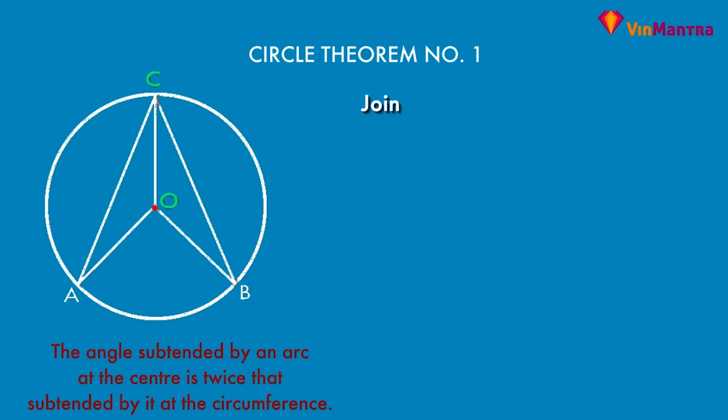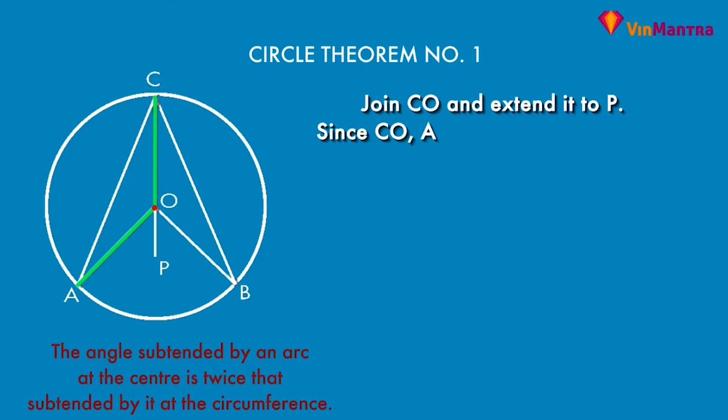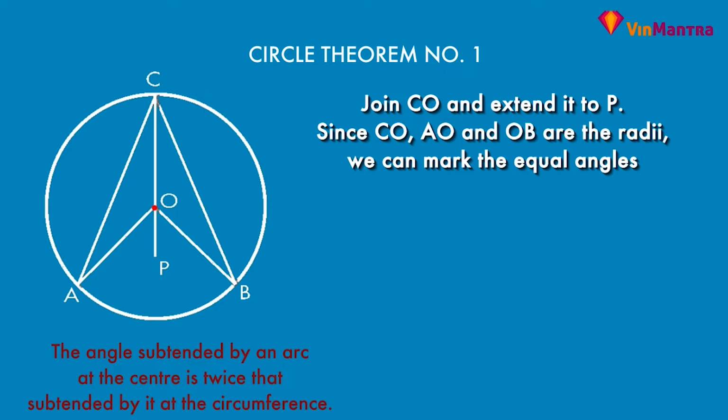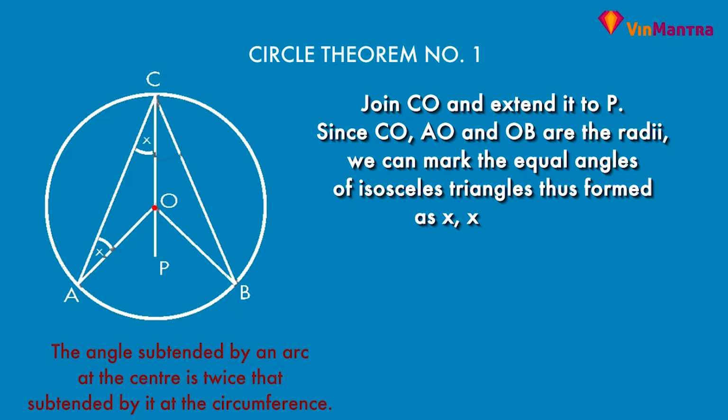Join CO and extend it to P. Since CO, AO and OB are the radii, we can mark the equal angles of isosceles triangles thus formed as x, x and y, y.